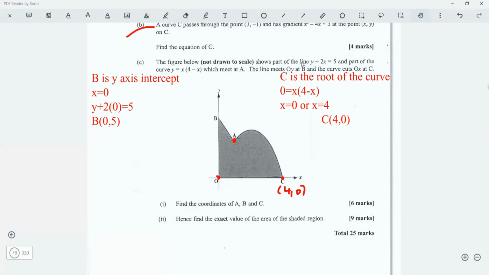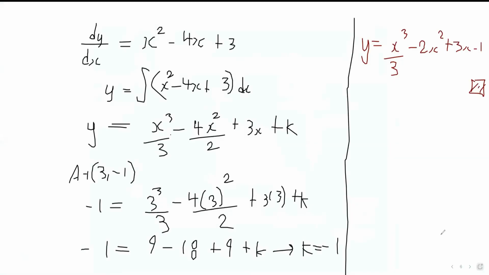So we need to solve it simultaneously now. A is where the line and the curve meet. So let's do that on the whiteboard. A is the point where the line and the curve meet.